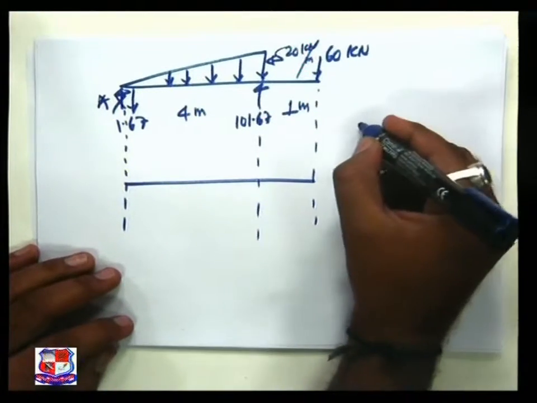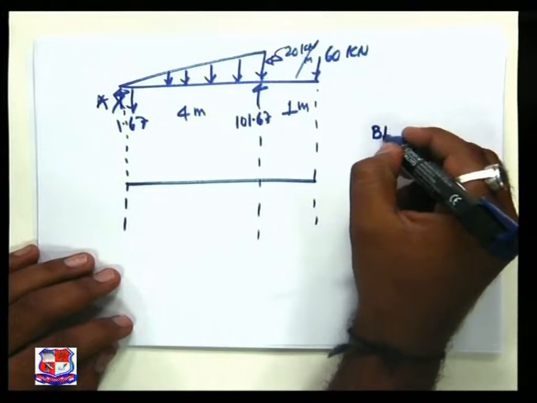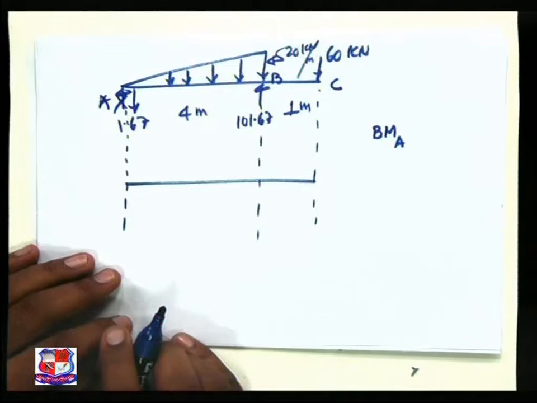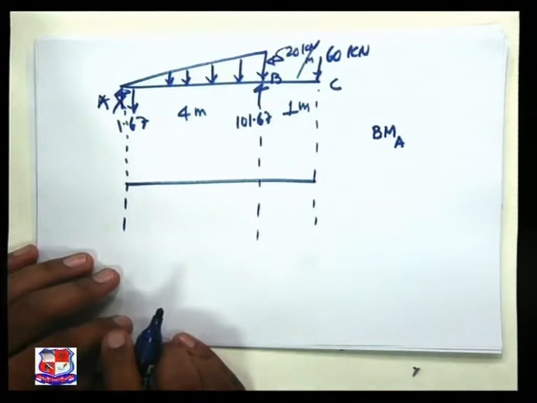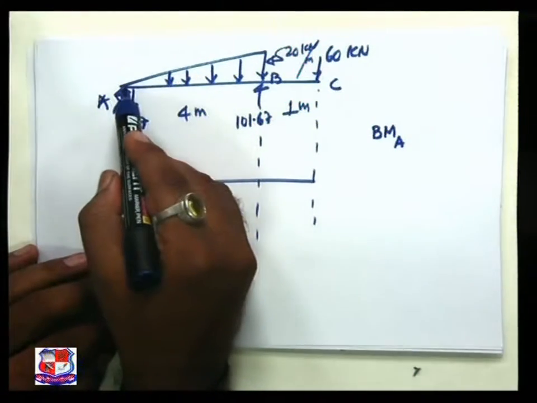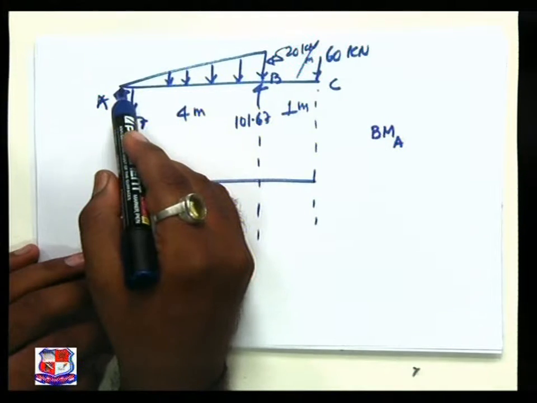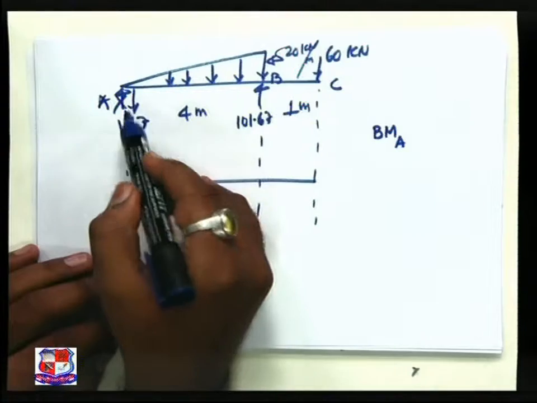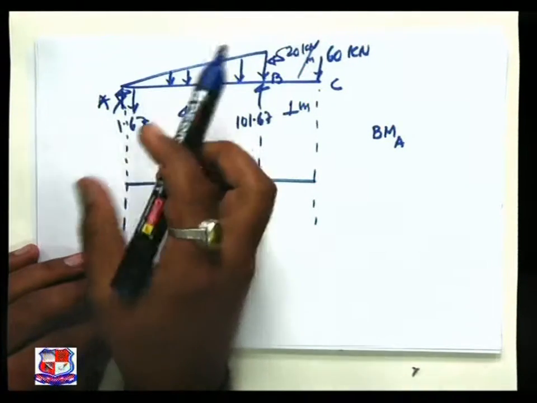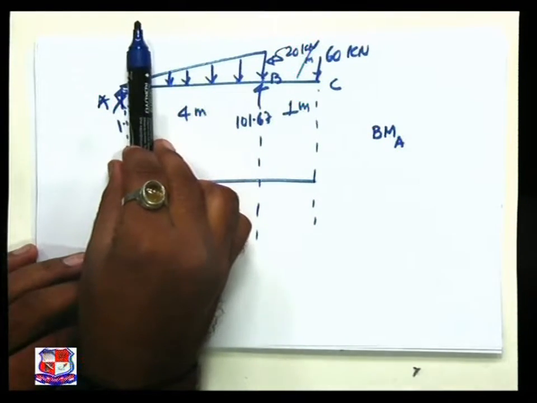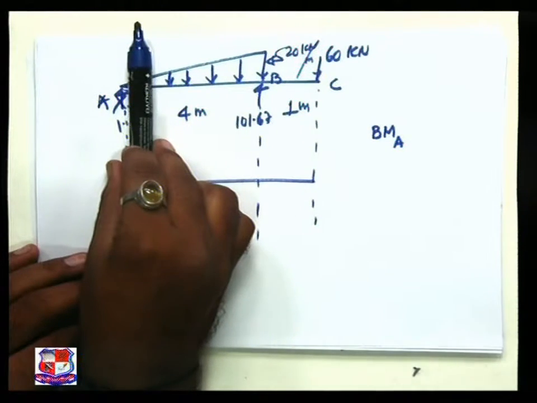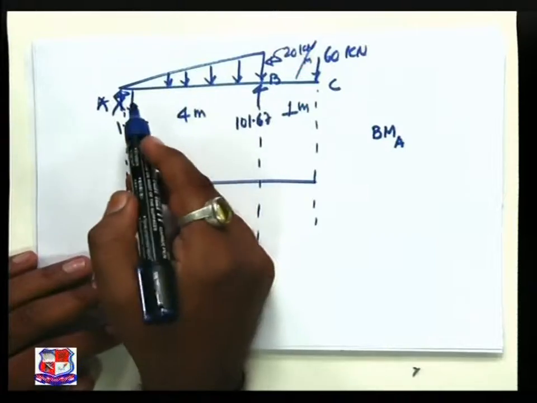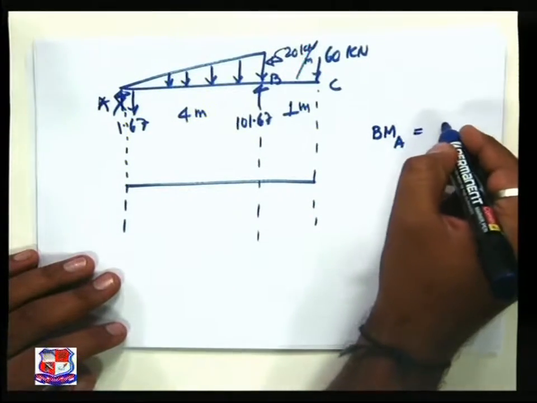So now bending moment at A, refer carefully. There is no overhanging projection on this side, so only a single force of 1.67. If we take just a section near support A, then only one load 1.67 is acting and the perpendicular distance is 0, so my BM at A is 0.